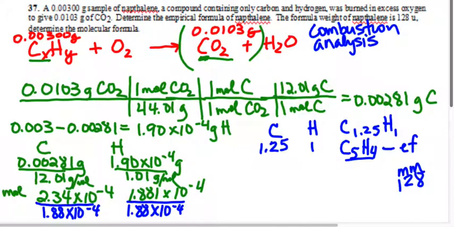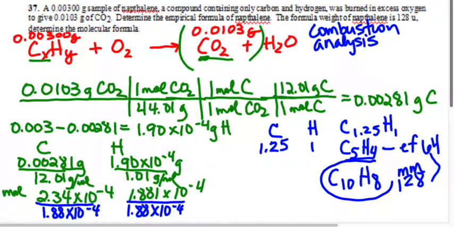You don't need like 2 decimal places. 64. What can you tell me about that relationship? It's double, right? So what would this be if this were double? C10H8. And that is the molecular formula, excuse me, of naphthalene.